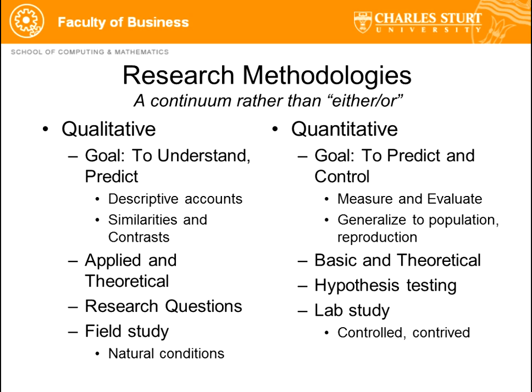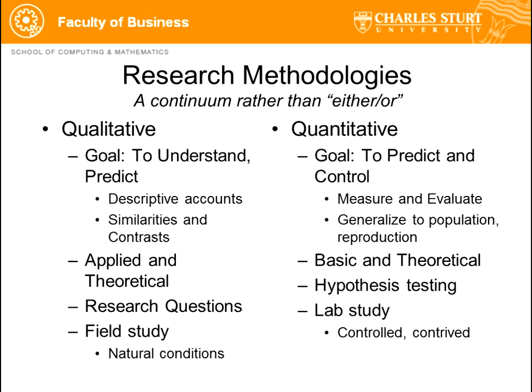Qualitative, on the other hand, we're trying to understand, once again, we're trying to predict. We move towards more descriptive accounts. Look at the similarities and contrasts between organizations. Maybe Google is good because... Maybe this particular organization is good. And we can look at things like case studies and apply those to what different organizations actually do in the real world. And it's both applied and theoretical.